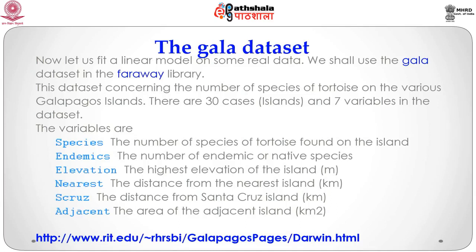These are species, which are the number of species of tortoise found on the island; endemics, which gives the number of endemic or native species to the island; elevation, the highest elevation of the island in meters; nearest, the distance from the nearest island in kilometers; a variable called S-cruise, which is the distance of the island from the Santa Cruz Island in kilometers; and adjacent, which is the area of the adjacent island in squared kilometers.